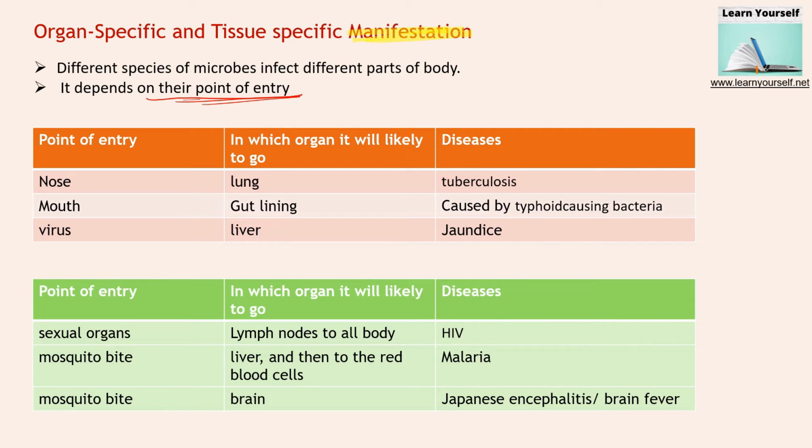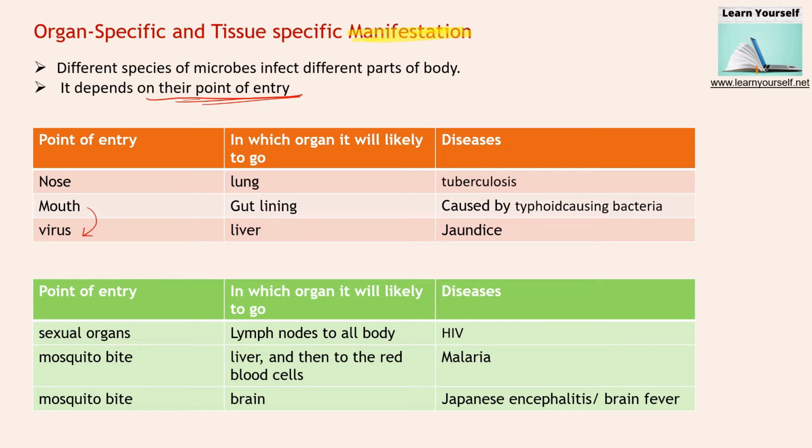So this typhoid causing bacteria will go to the gut lining and their point of entry will be the mouth. Viruses will go to the liver and they will cause us jaundice. And the virus point of entry will also be the mouth. So they will go to the liver and cause us jaundice.